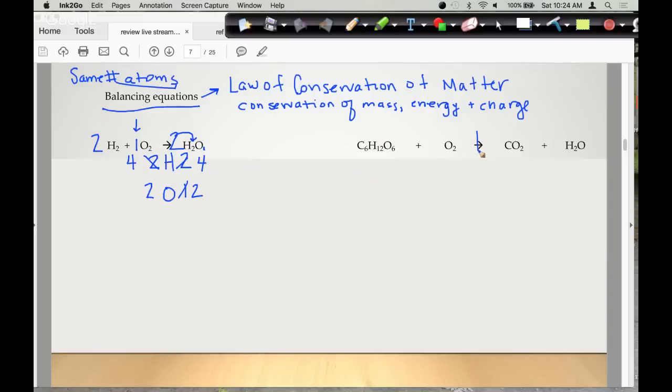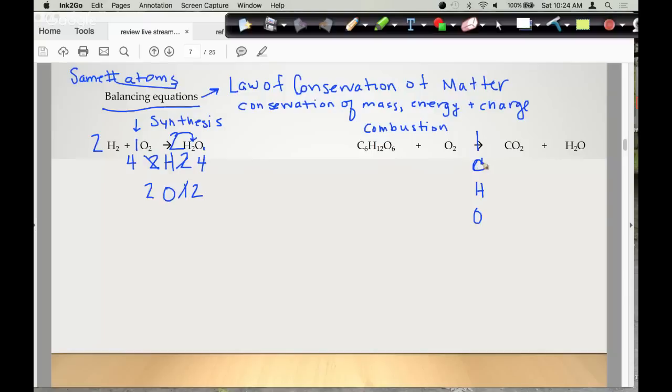In this reaction, I have C's, I have H's, and I have O's. This one happens to be combustion. Over here, this one was synthesis. In our combustion reaction, we are going to balance in a special order.